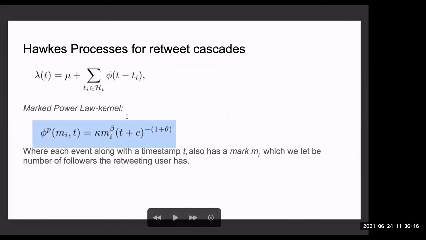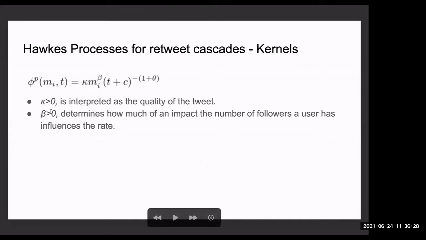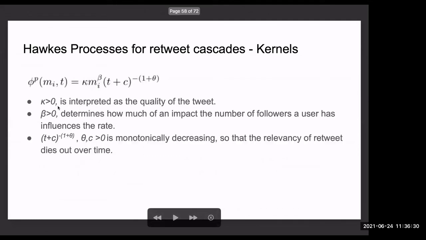So it's just a constant, and the higher the mark, the higher the intensity will increase at that event. This is determined by the beta, and this is monotonically decreasing.